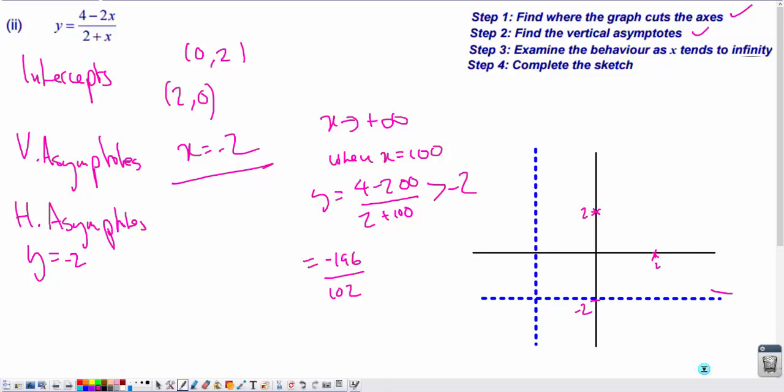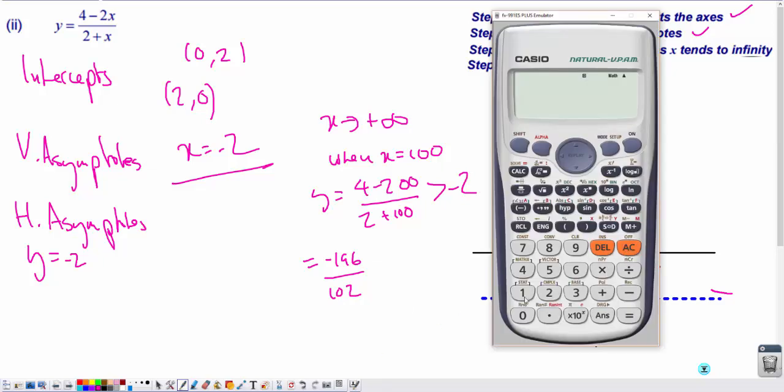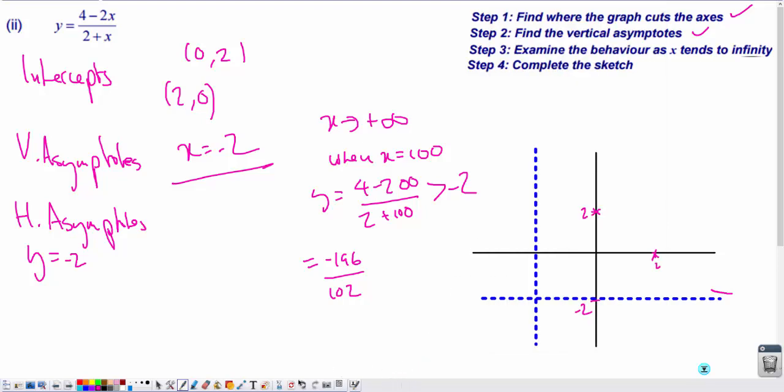But of course, if you're not sure, just plug it into your calculator. So -196 divided by 102 as a decimal, notice it's bigger than -2, right? So we can write that as x tends to positive infinity, y tends to -2 from above, because it's bigger than -2.